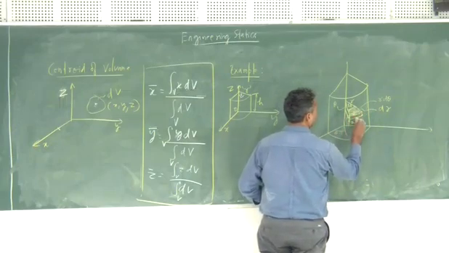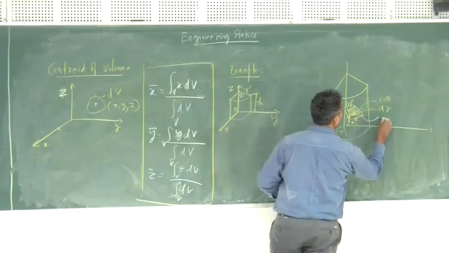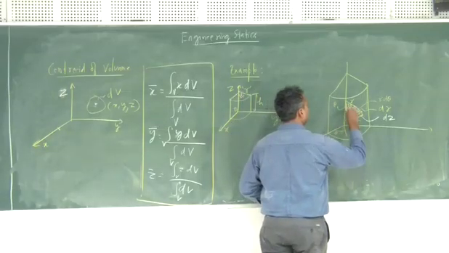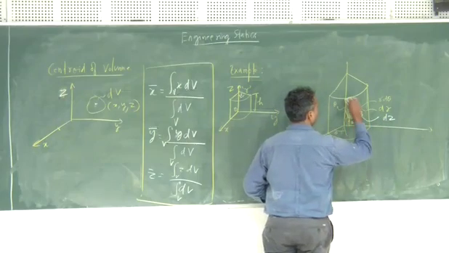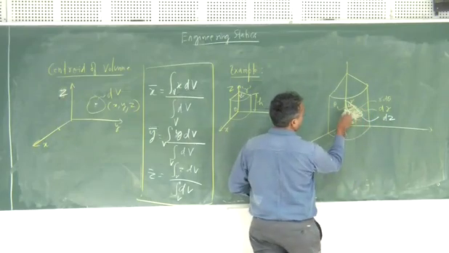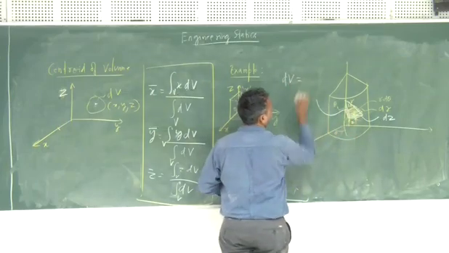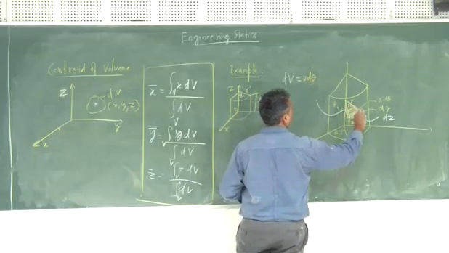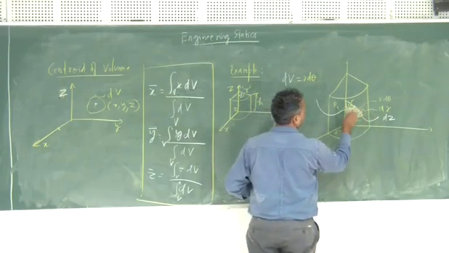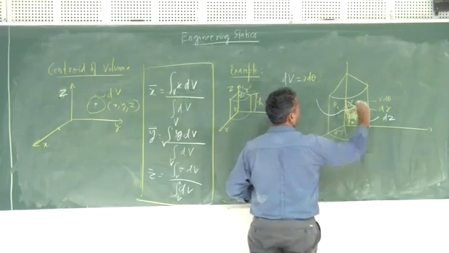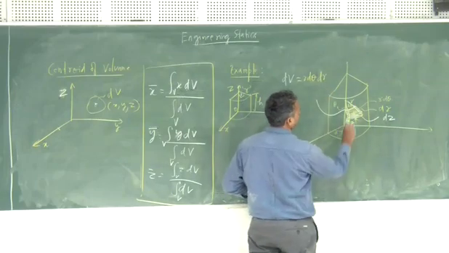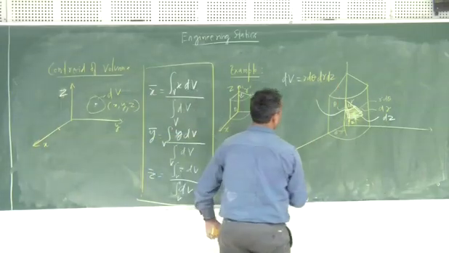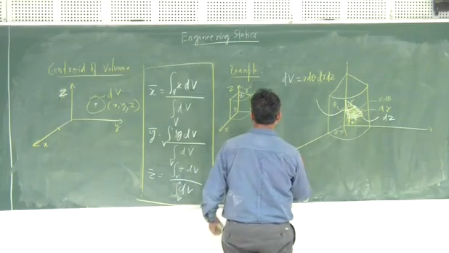That means the volume of this particular element is r d theta dr, at a distance r, and this is your dr. Okay, the total volume in this will be given by.